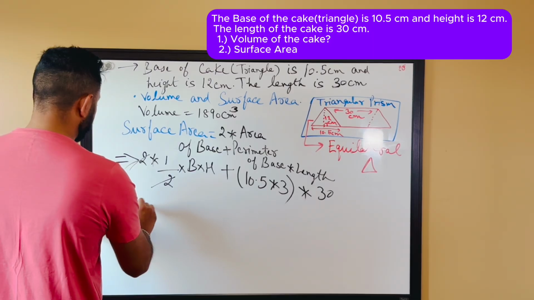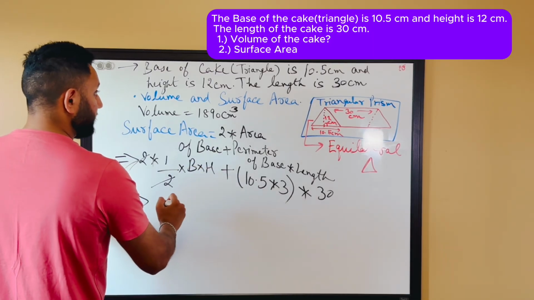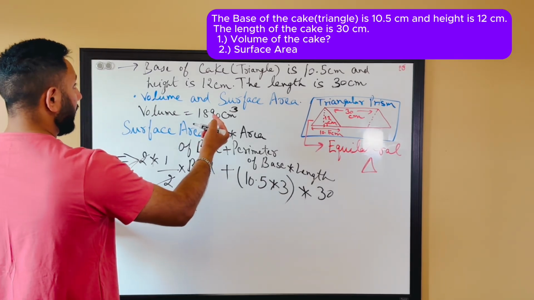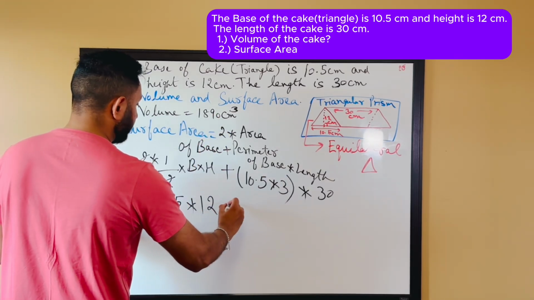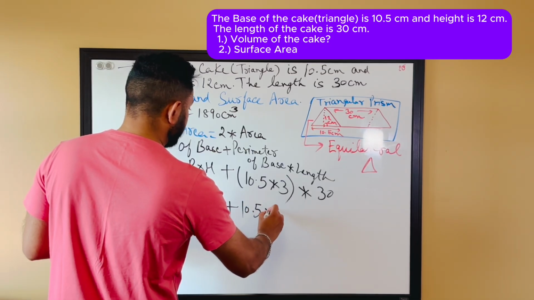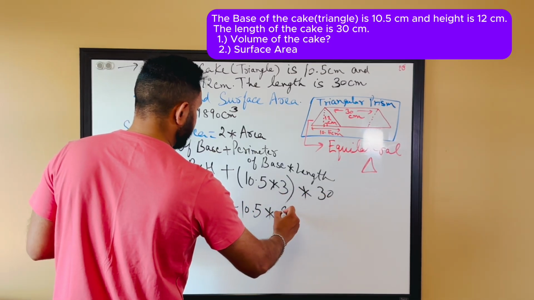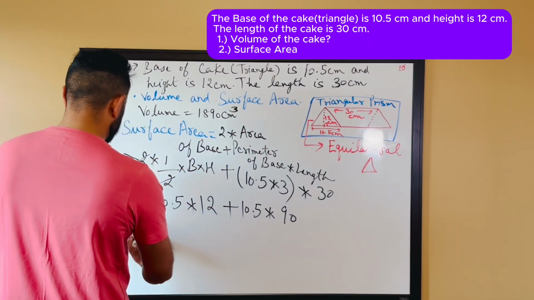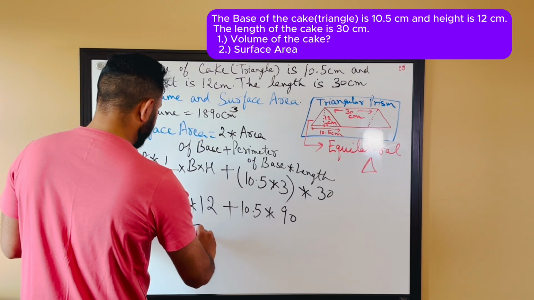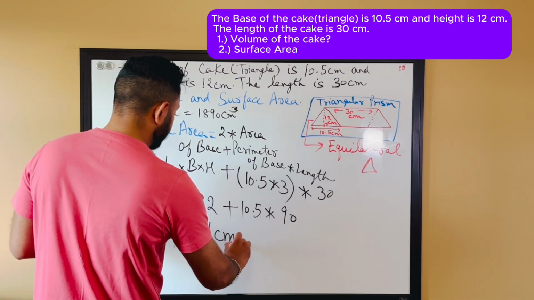So what is base? It's 10.5 into height 12. 10.5 into 3 into 30, 90. And so the answer comes out to be 1071 centimeters square.